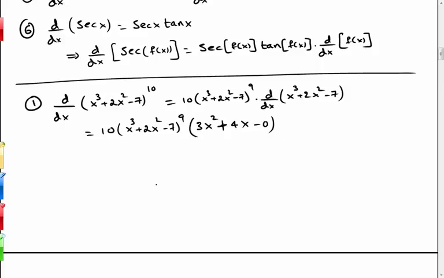And so here we go. This is the answer. 10 times x cubed plus 2x squared minus 7, the quantity raised to 9, times this.